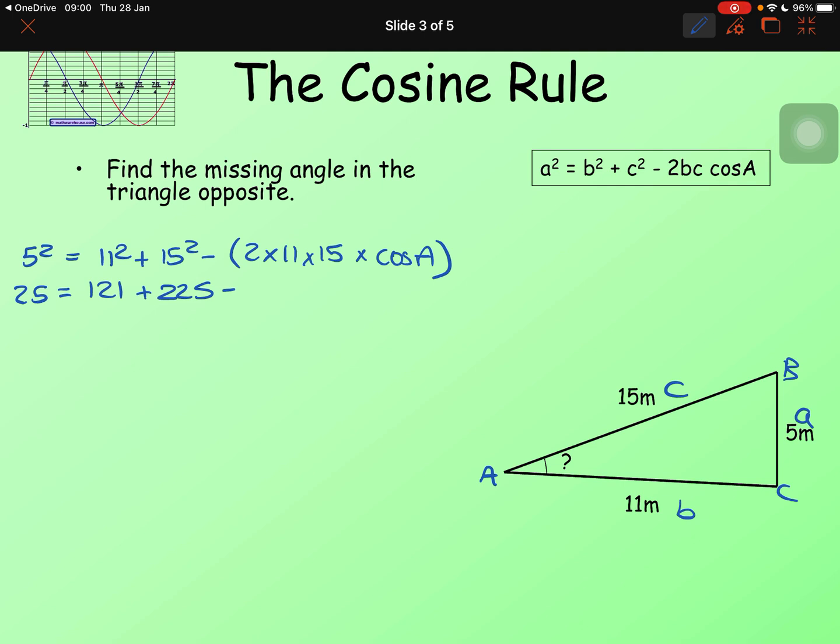Subtract 2 times 11 times 15. So subtract 330 cos of A. Again, we're just going to do the little addition as well. 25 is going to equal 346 minus 330 cos A.